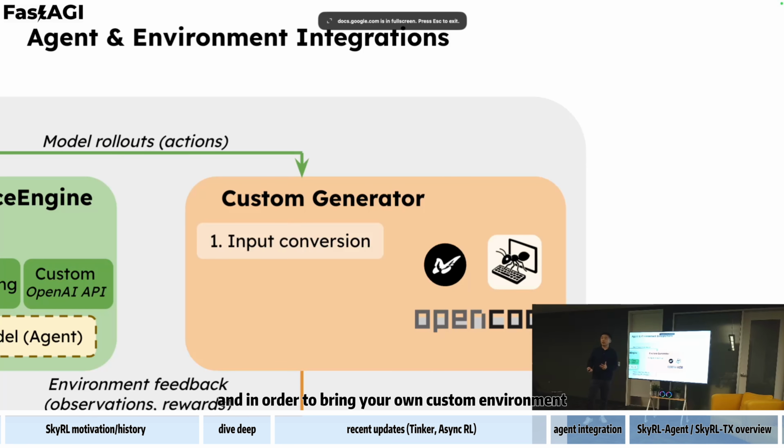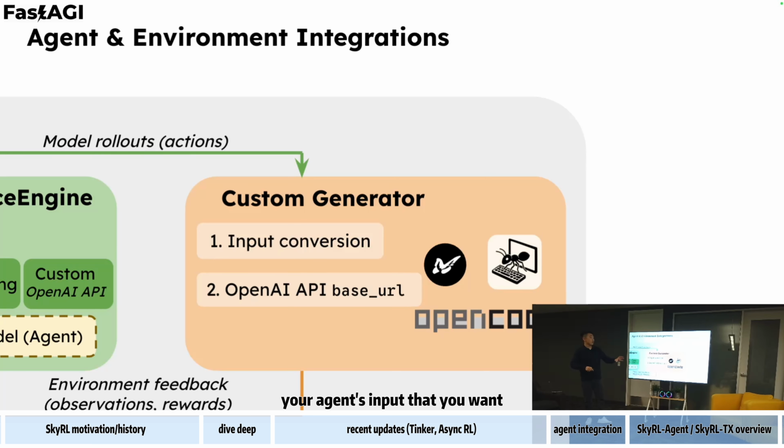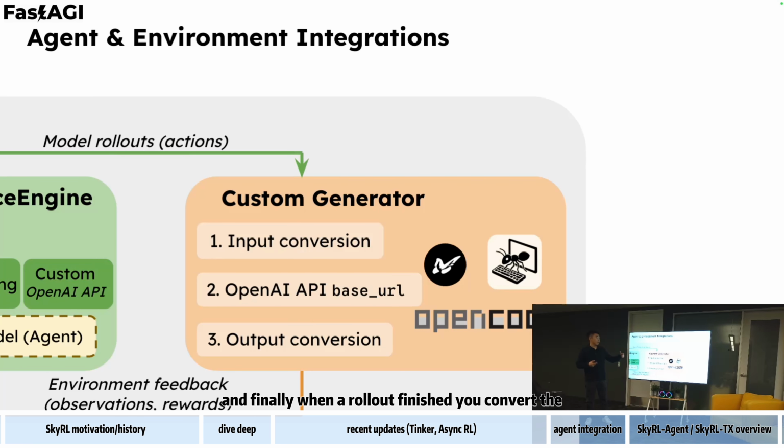To bring your own custom environment or custom generator, you just convert the problem into your agent's input. Then instead of using the OpenAI endpoint, you use our own inference engine's served endpoint. So you don't need to change your code at all. You just change the API, and then you can run inference with the updated weights. And finally, when a rollout finishes, you convert the chat history and reward back to what SkyRL wants.